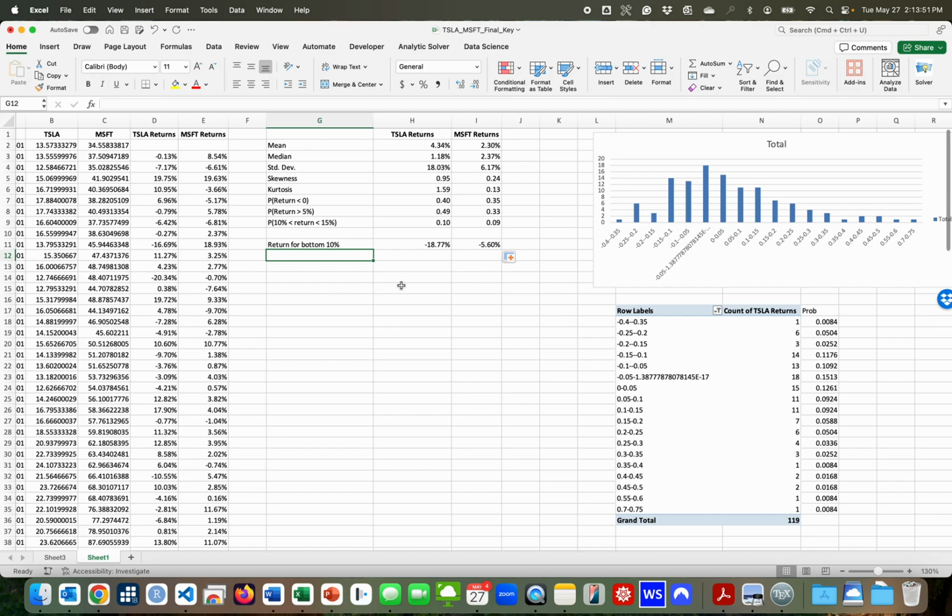If we observe something larger than that 10% of the time, we would expect to observe something smaller than that 90% of the time. So this will be the return for top 10%. Again, you can set these percentiles to anything you want. I'm just doing 10% to be consistent across the two problems.